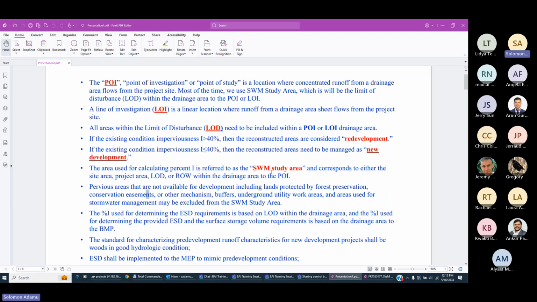So the smaller the stormwater management study area, the better for us, because the classification will be greater than 40%, which means redevelopment and less treatment, I mean, fewer stormwater management requirements. That's why this exclusion.